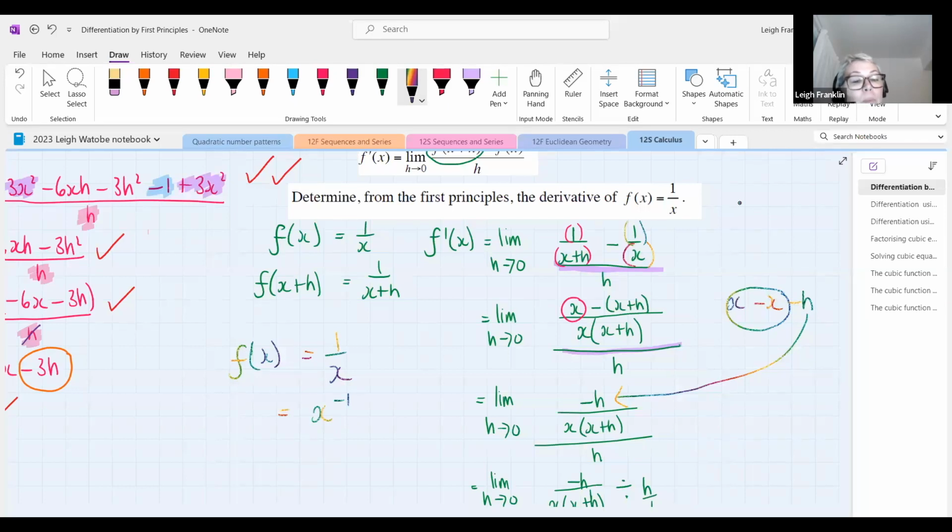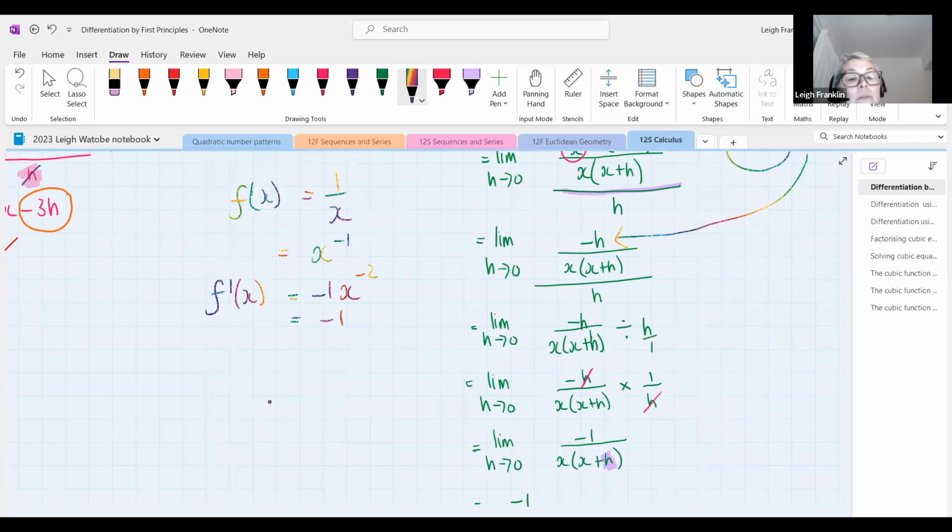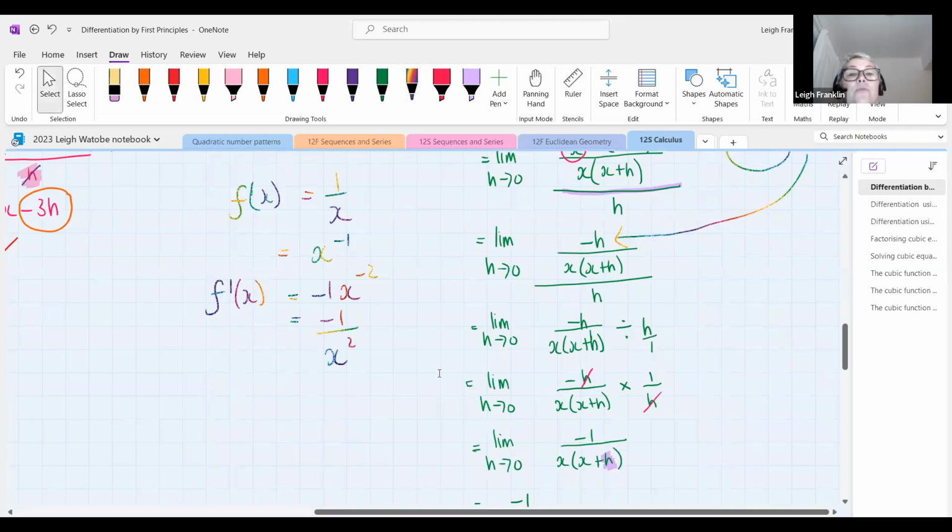Then if you did your power rule, you'd end up with f prime x equals -1 times 1 would be -1, and then take 1 away. So it would be the same thing. You'd end up with -1 at the top and x squared at the bottom. So using your power rule, you can see you've got the right answer.